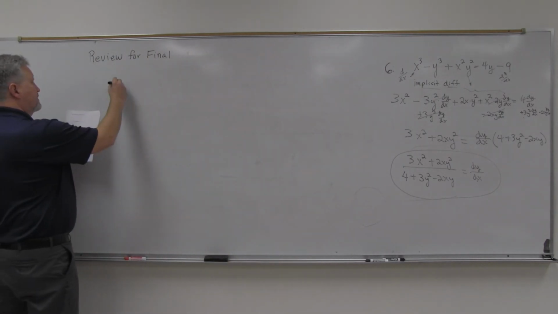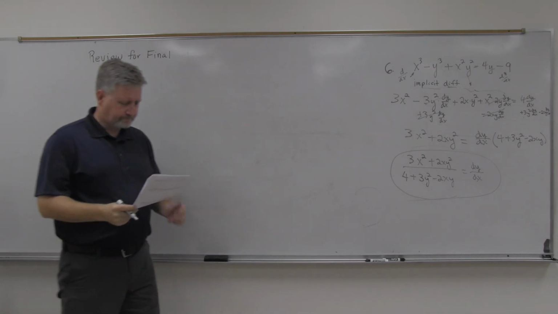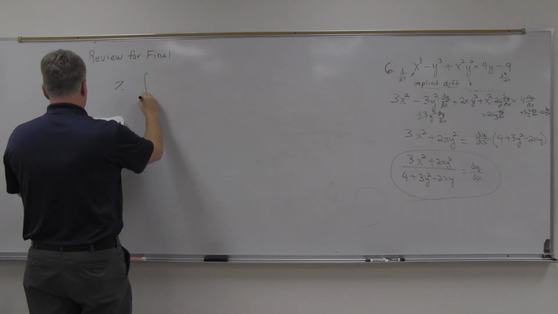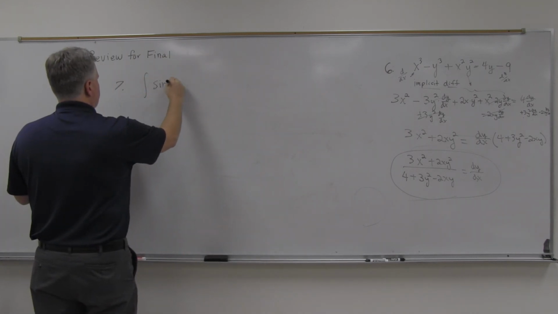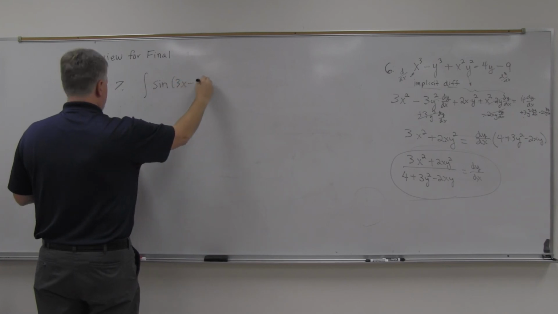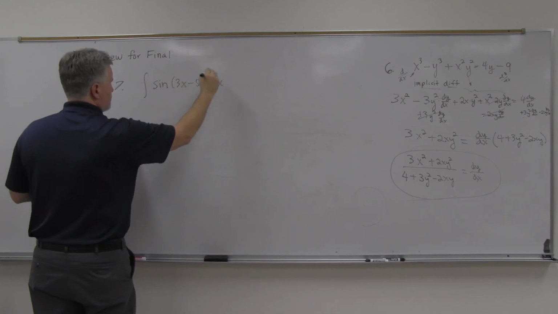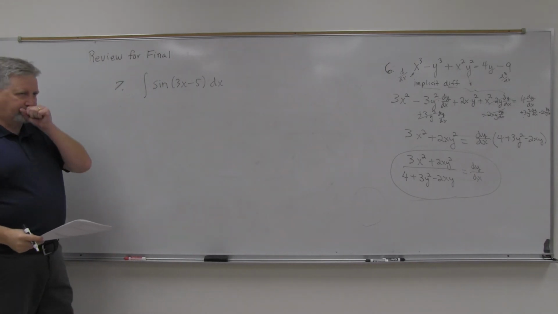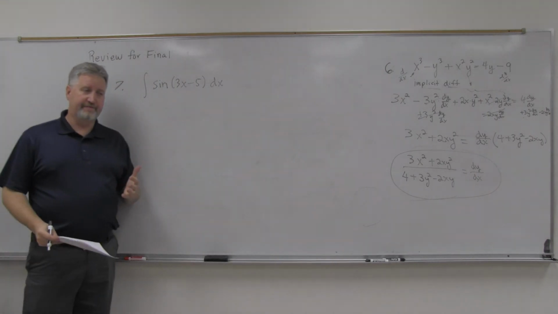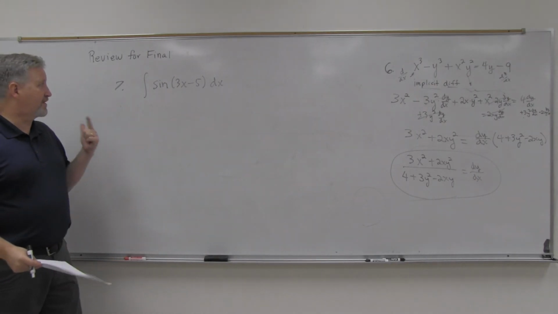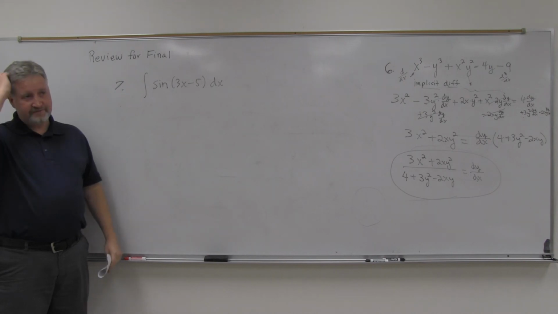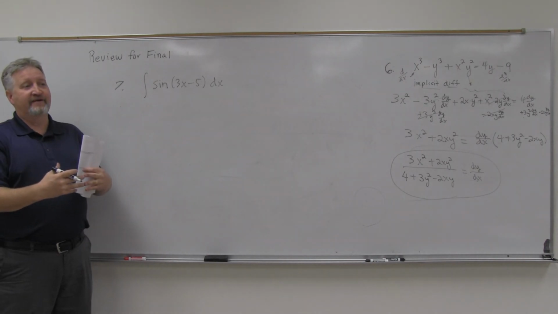All right, let's try number 7 here. Evaluate the integral. Not only did we do limits and derivatives, but we also came up with some integrals, which really ties in all three.